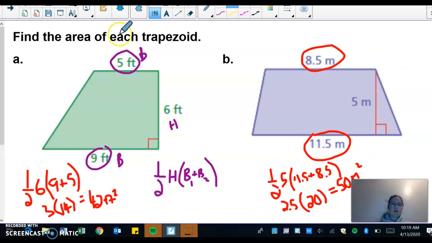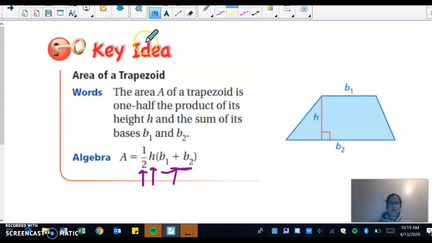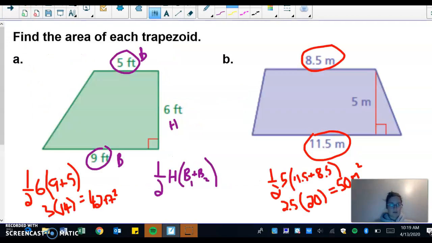And that's your area of a trapezoid. So if we go back to the area of a trapezoid, these bases have to be parallel to each other. You add them up, times by your h, and then divide by 2. So it's 1/2 times h times base 1 plus base 2. So 1/2 the product of h times the sum of its bases.